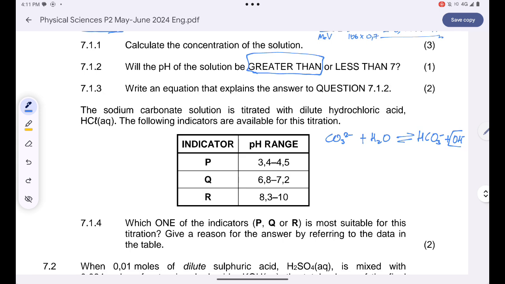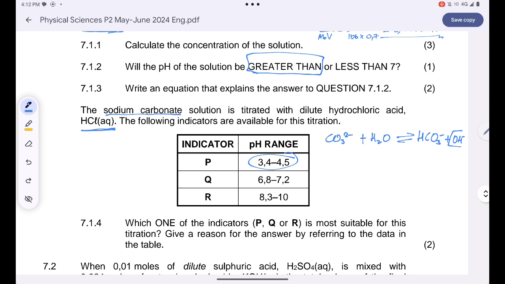Now we are told that the sodium carbonate solution is titrated with dilute hydrochloric acid. The following indicators are available for this reaction. They are taking sodium carbonate, which is a weak base, and reacting it with a strong acid. So the correct indicator over here will be indicator P. Why?